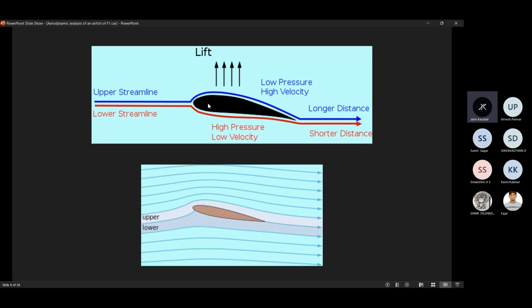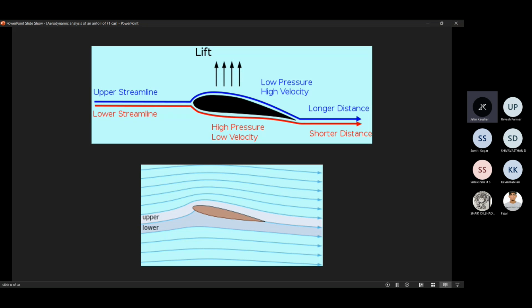But because of the curvature of the object, the upper surface distance is longer than the lower surface distance. Because the upper streamline has to travel a longer distance in equal time, it has to speed up. So the upper streamline velocity will be higher than the lower streamline velocity.